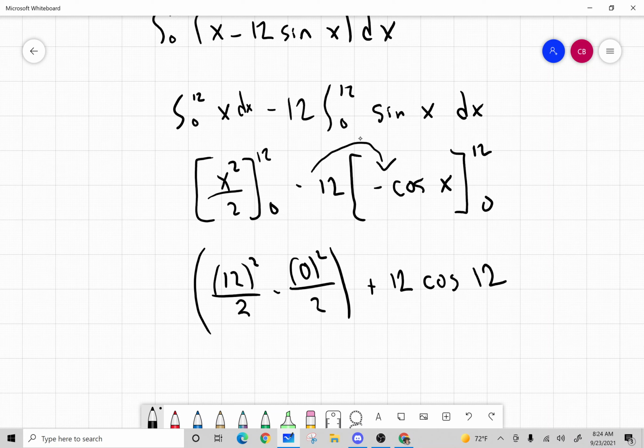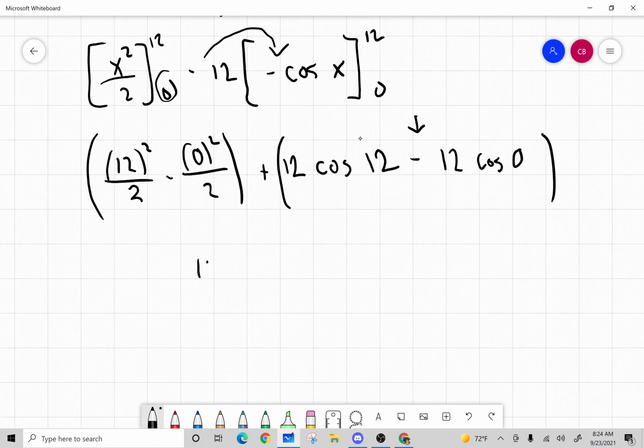Okay, and so this is going to be 144 over 2 plus 12 cos 12 minus 12 times cos of 0, which is 1.